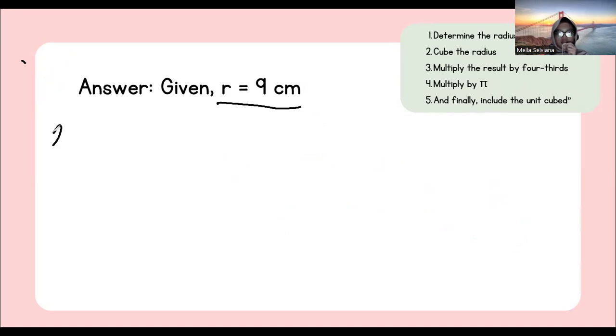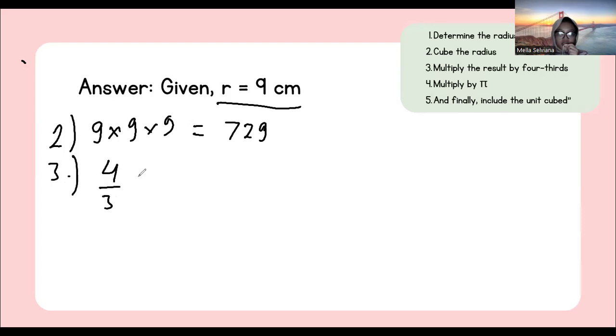Now we find the cube of the radius: 9 times 9 times 9, and the result is 729. And step 3, multiply the result by 4 over 3. 4 over 3 times 729 equals 972.